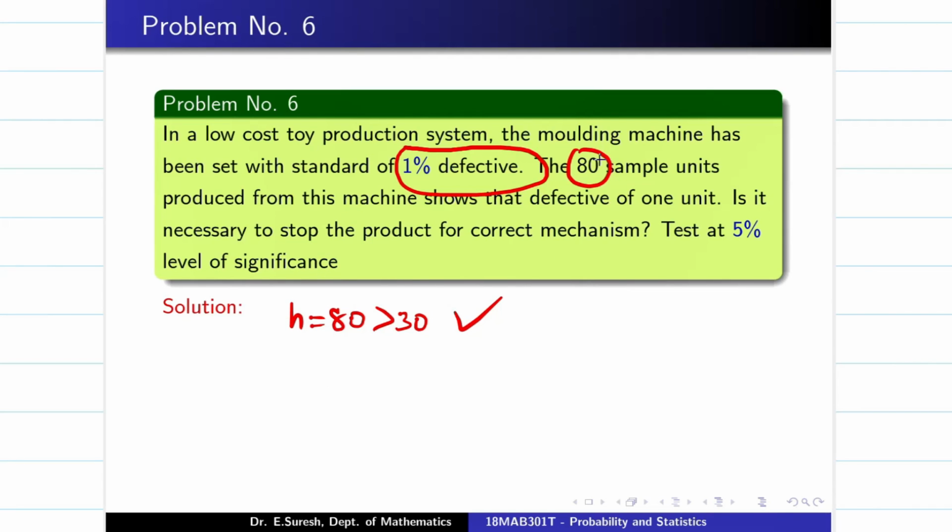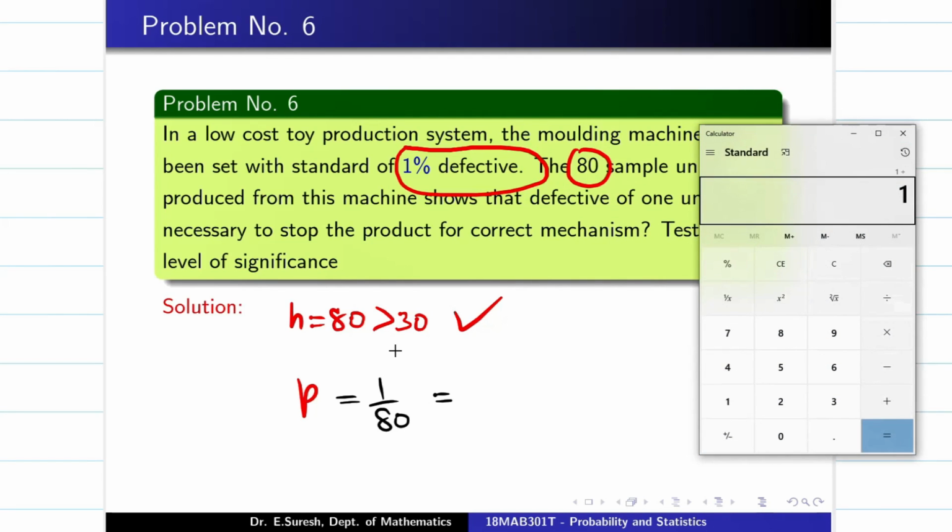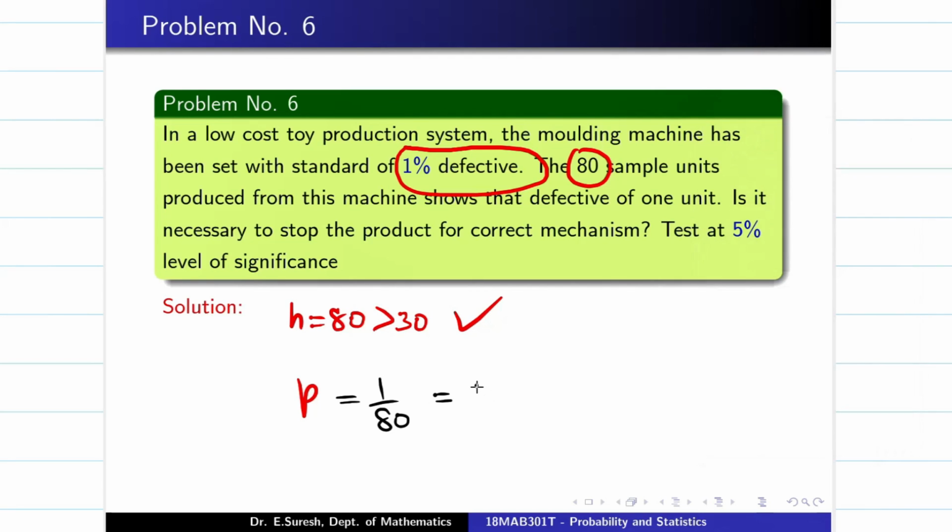Okay, so now 1% defective was there. Out of 80 toys, I am getting one toy defective. That is 1 by 80. So I am getting small p equal to 0.0125.